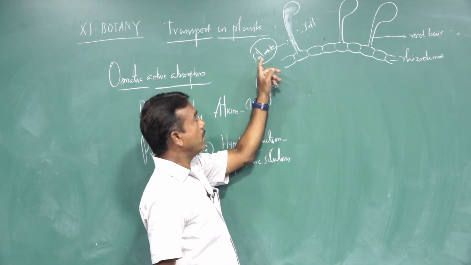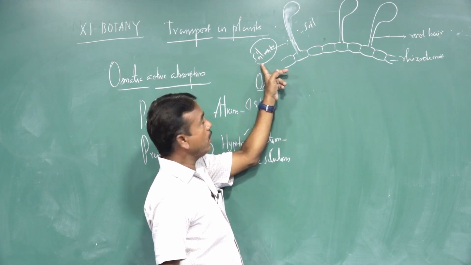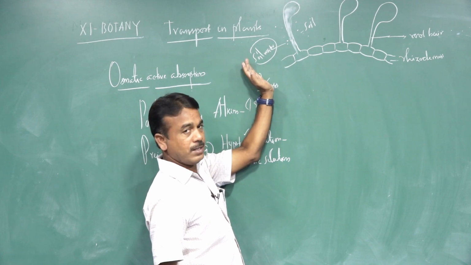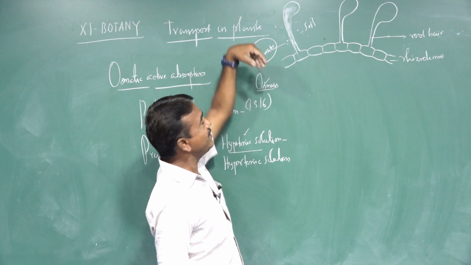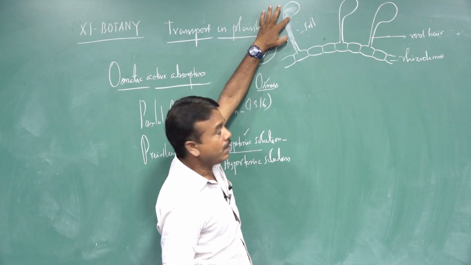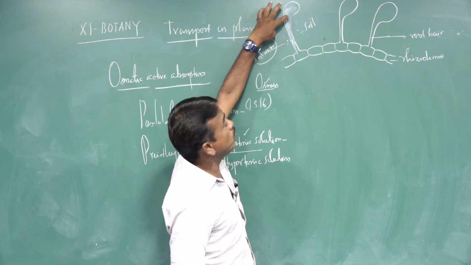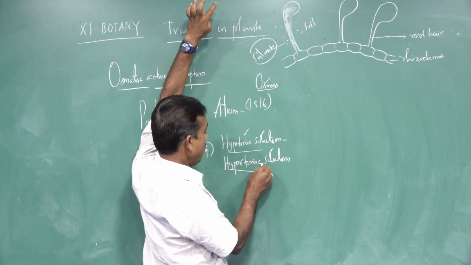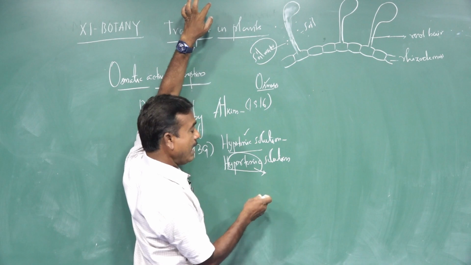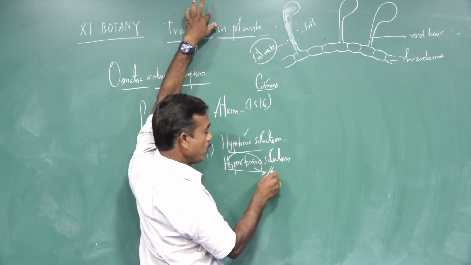When the water molecules outside the root hair cell gradually diffuse and enter the root hair cell, and reach the sap, the inner sap, which was hypertonic, changes to a hypotonic solution.